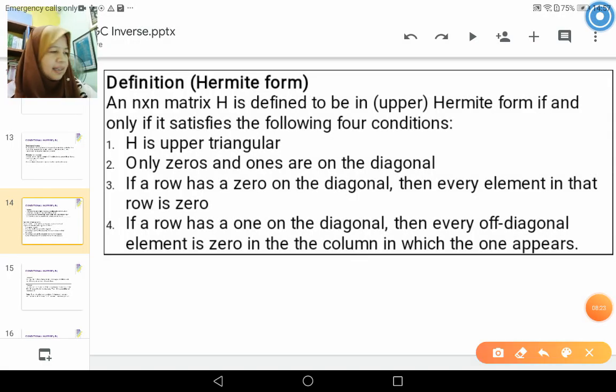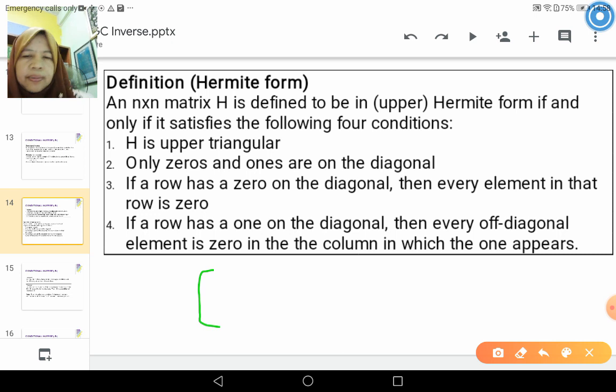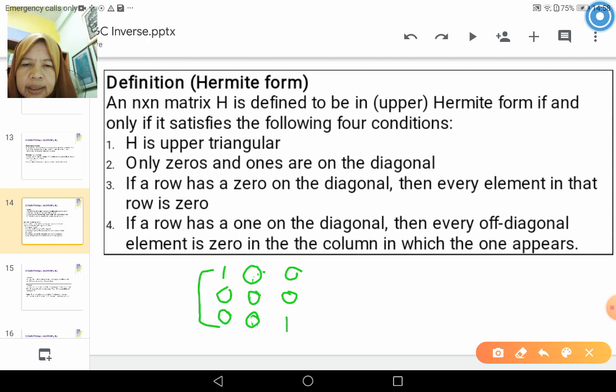Let's say we have this example matrix: 1 0 0, 0 0 0, 0 0 1.